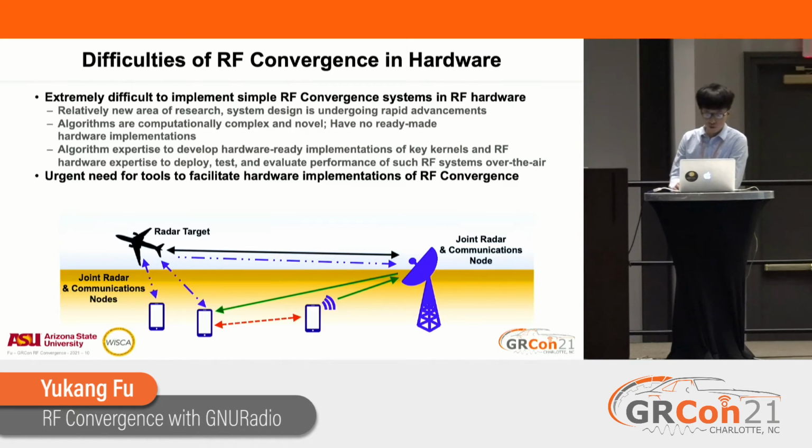The algorithms here are computationally complex and novel, and there are no ready-made hardware implementations, and it requires both algorithm and hardware expertise. So there is an urgent need for tools to facilitate hardware implementations of RF convergence.